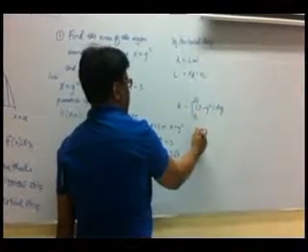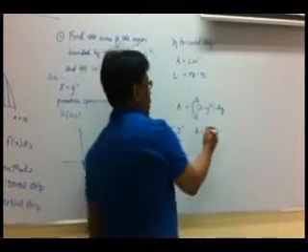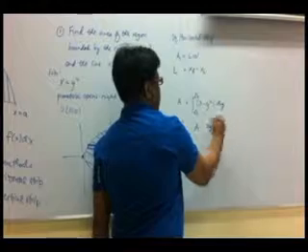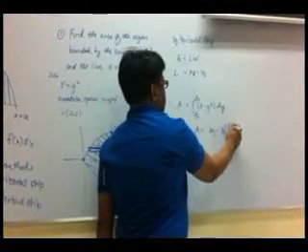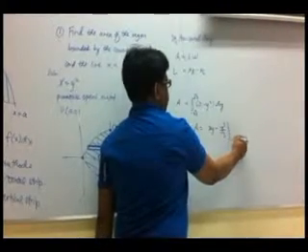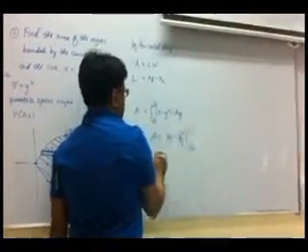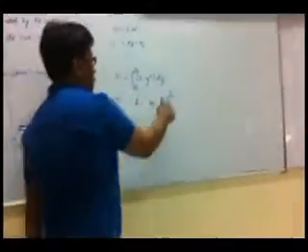Then we may now apply the integration process. What is the integral of 3 dy? 3 dy is 3y. What about y squared? Integrating y squared, we have y cubed all over 3. Then from the limits, negative square root of 3 to square root of 3. So what is that area? Apply now the upper limit first.